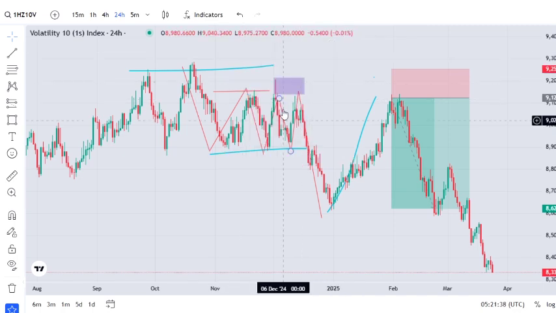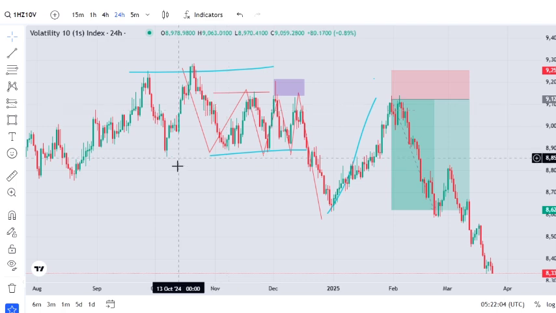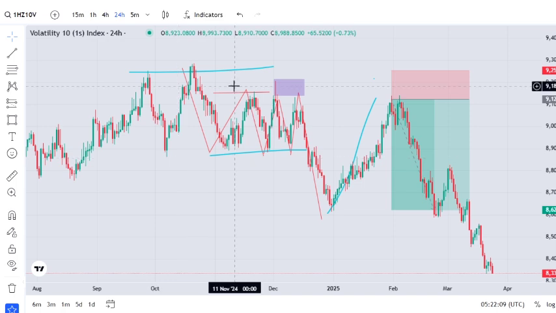So any pullback will be called a retracement or internal range liquidity in a bearish trend. And a move in the direction of the trend will be called external range liquidity, seeking sell side liquidity in a bearish trend. But any pullback will be seeking internal range liquidity and targeting places where there's been a liquidity grab, flip zones, or unmitigated order blocks.